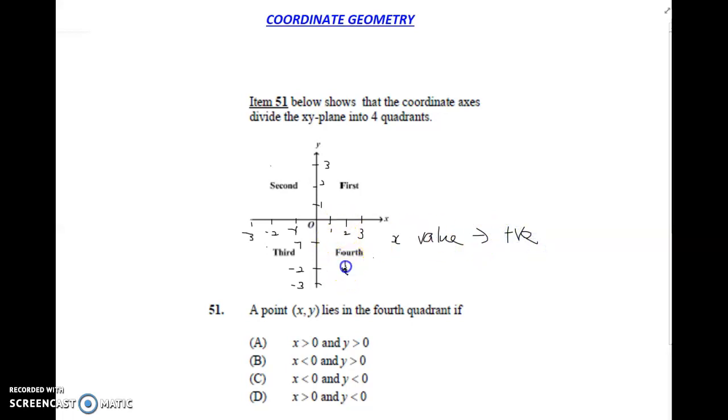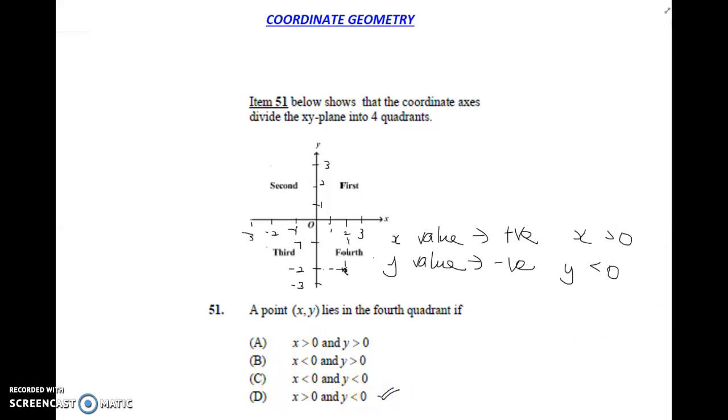Because remember, you check it as you're going across to see the X value, going up to find the Y value, right? And my Y value will be negative. So meaning my X value will be greater than 0 and my Y value will be less than 0. So therefore we're looking for that answer here: X is greater than 0 and Y is less than 0, and that is D, right?